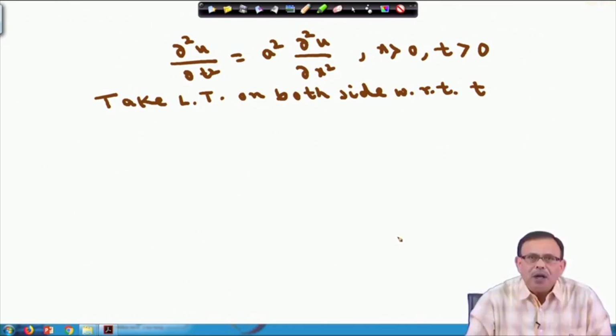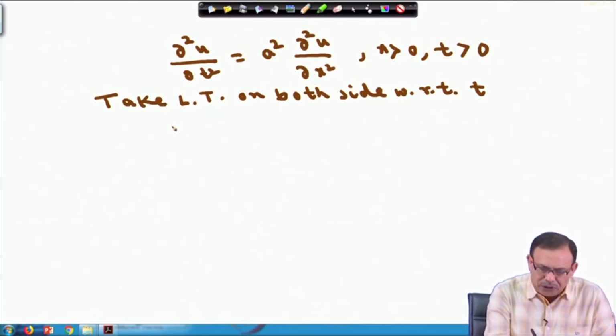That is the reason we are taking the Laplace transform on both sides with respect to t. So, although both the variables x and t are greater than 0, depending upon the supplied initial conditions, we have to decide with respect to which independent variable, either x or t, we will take the Laplace transform. Like in this particular example, we are doing it with respect to t.